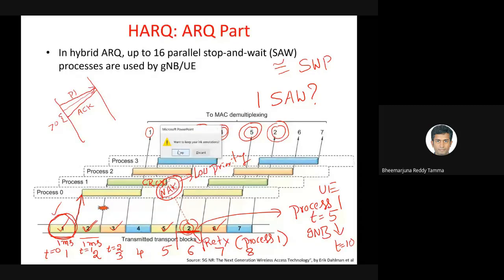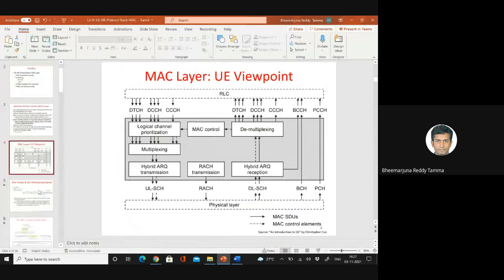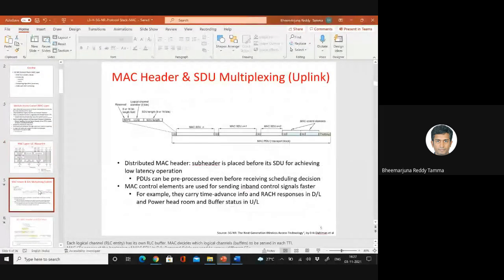Yes. Let me look at this one. Here we are composing one transport block, which is nothing but multiple MAC packets, which are nothing but data from the RLC buffers.